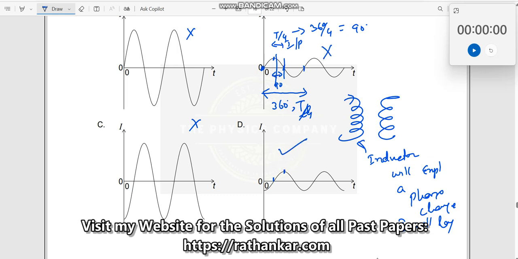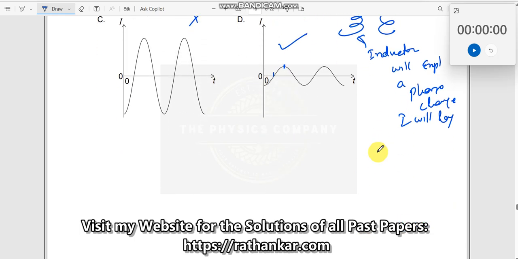Now if you ask me why that lag is observed, the answer comes from the definition of back EMF. Why do we get a back EMF? We need to keep on asking questions, otherwise you will not get an answer. The reason is how the transformer looks like: coils over here, this is one coil, this is the other coil.